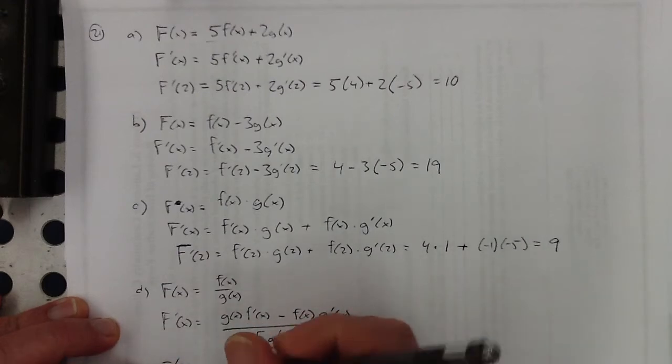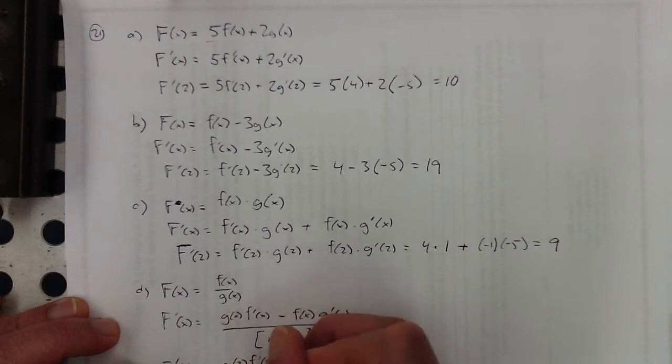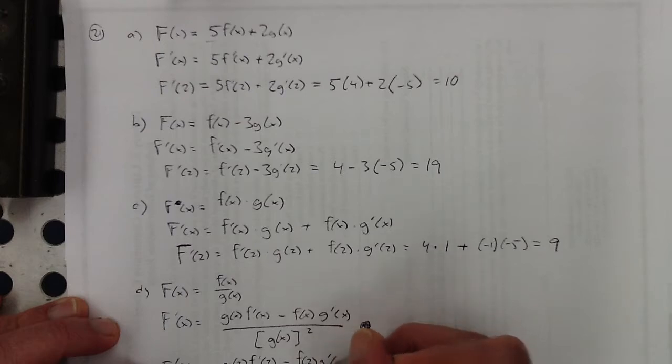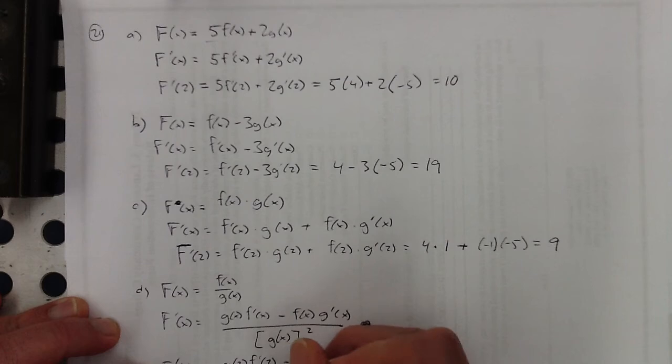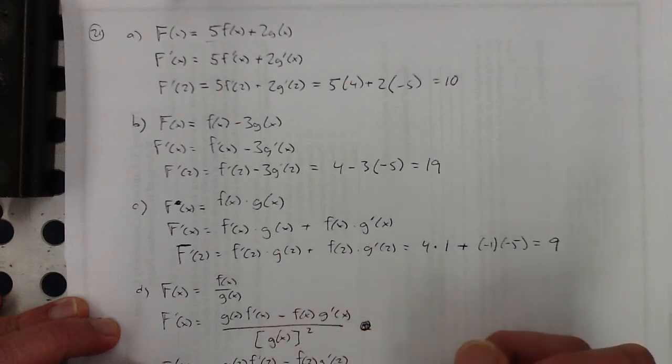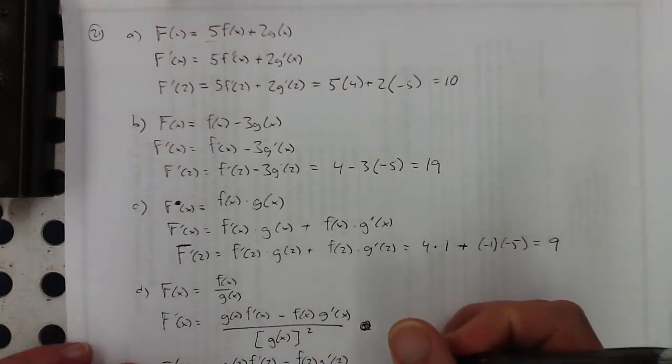Now I'm going to plug a 2 in. So, oh boy, this is so fun to write out many times. Are you too lazy to do this? Maybe you're too weak. Can't handle it. I bet you can. It's the right way to do it. Write stuff out. Don't try to be a hero.